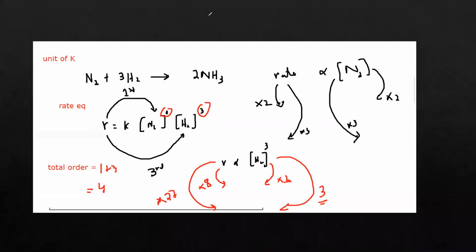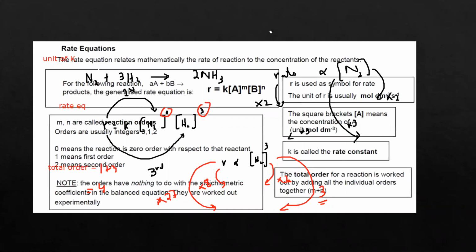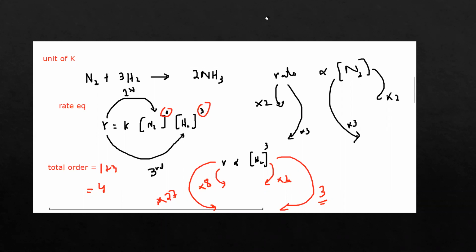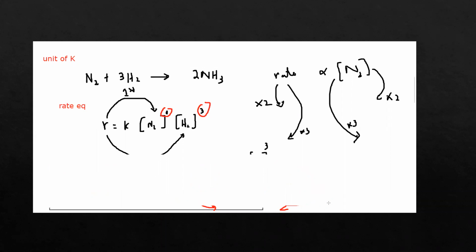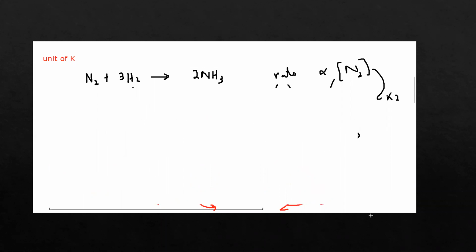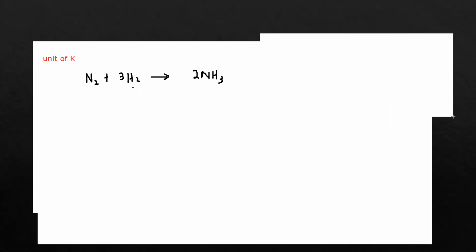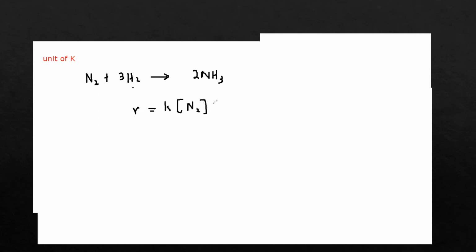And the unit of the rate constant, how can you find it? Okay, so we have the rate equation: rate is equal to k times the concentration of nitrogen and the concentration of hydrogen raised to power 3.